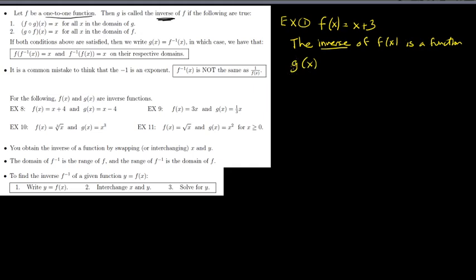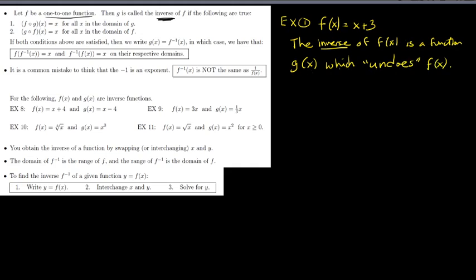We'll give it a different symbol later. And that function, very informally, undoes the original function f of x.